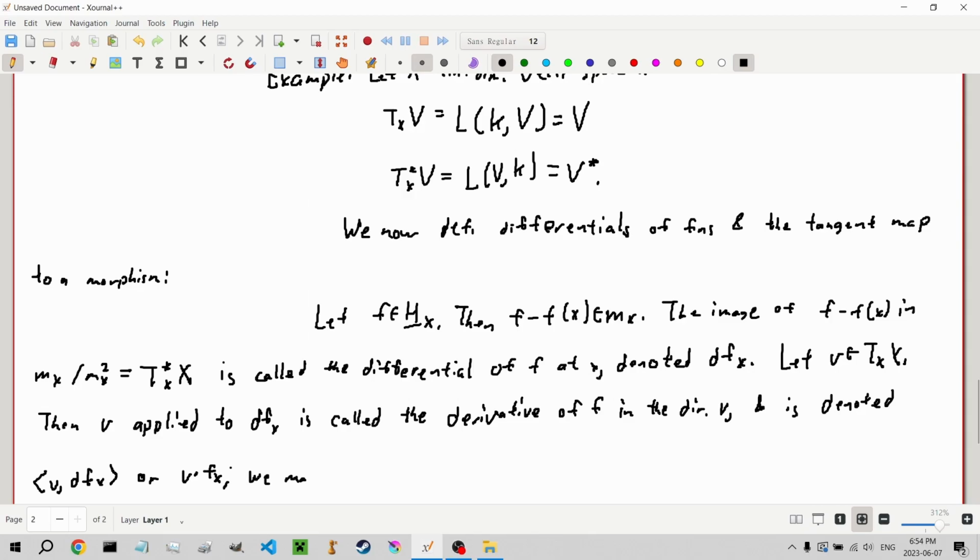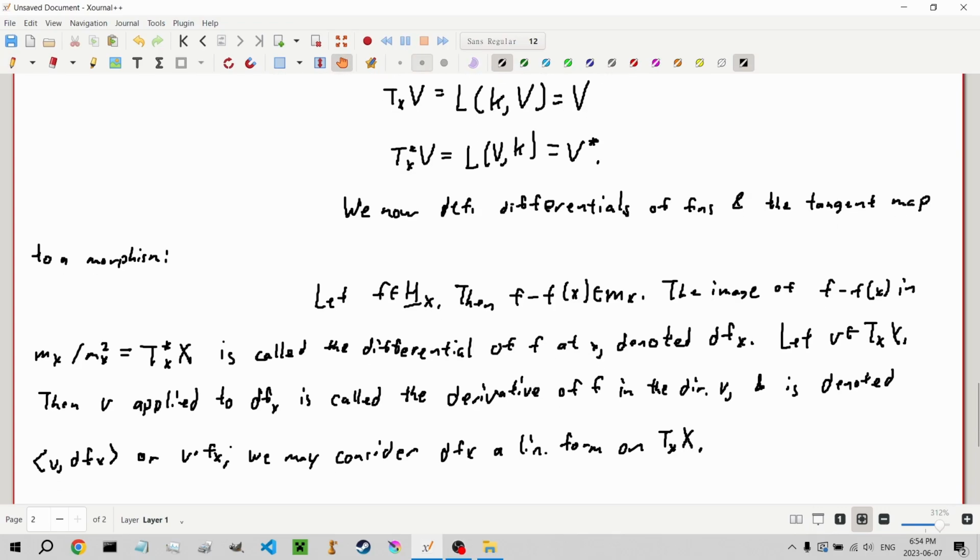We may consider df of x as a linear form on the tangent space of x at x.